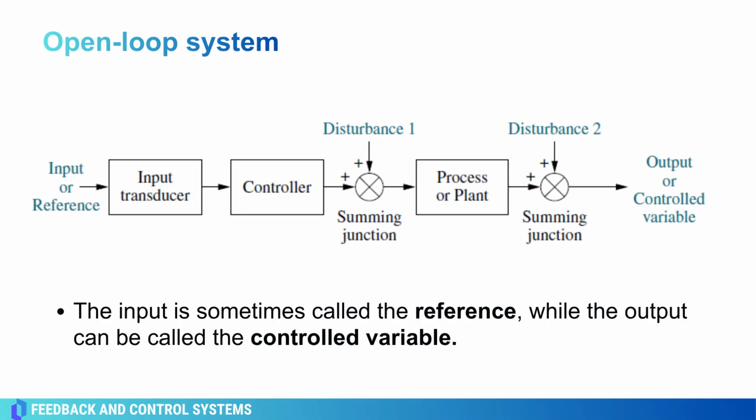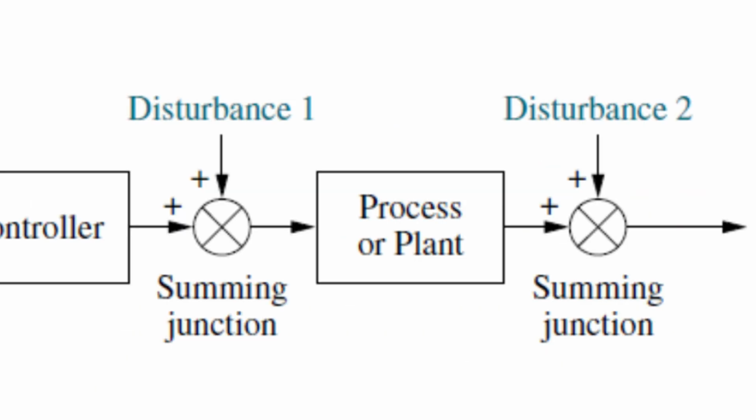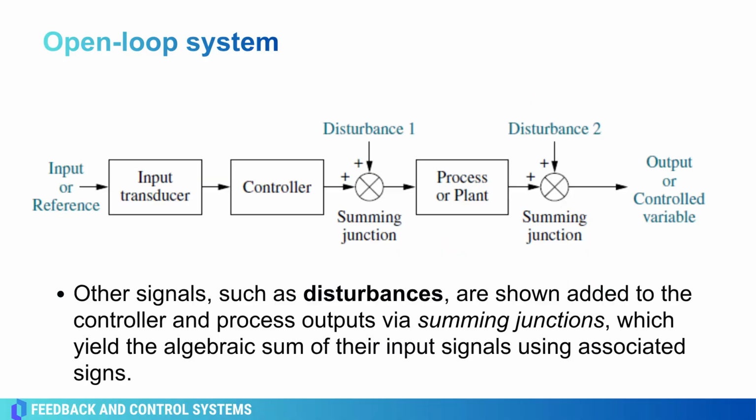Other signals such as disturbances are shown added to the controller and process outputs via a summing junction. So please take note of the symbol for each of the following, which yield the algebraic sum of their input signals using the associated sign.